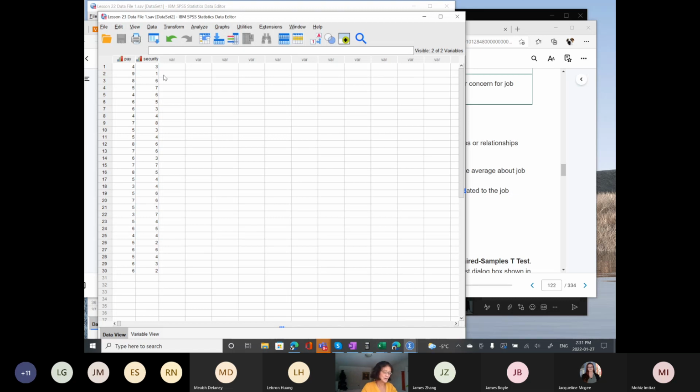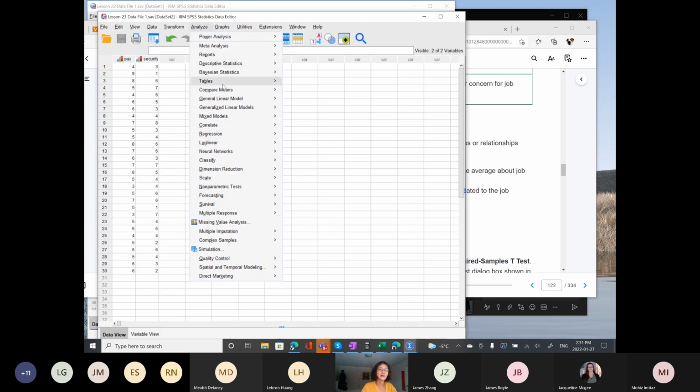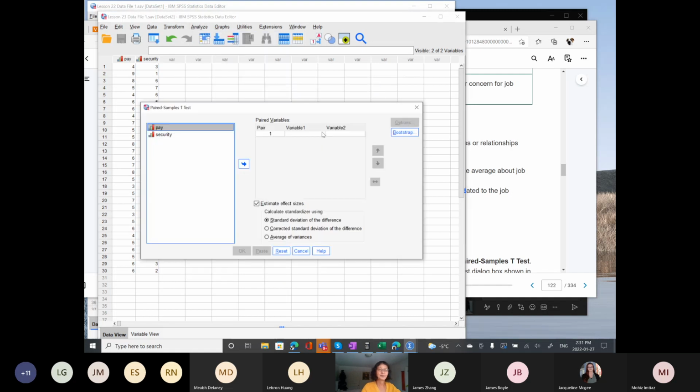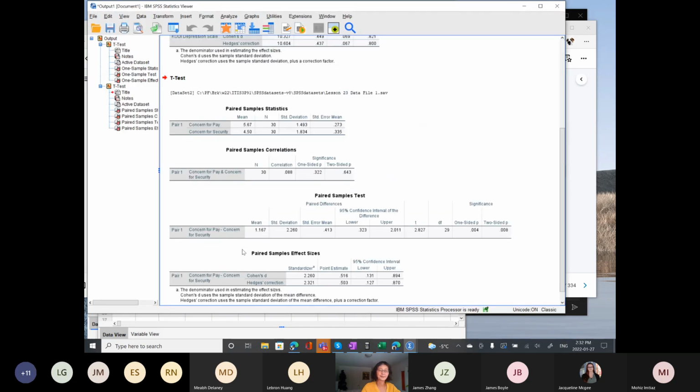Okay. So now we are going to use the paired samples t-test. Go to analyze, compare means, paired samples t-test. We have two variables. So select pay, then select security. Click this arrow button. After that, you click the OK button. Okay.